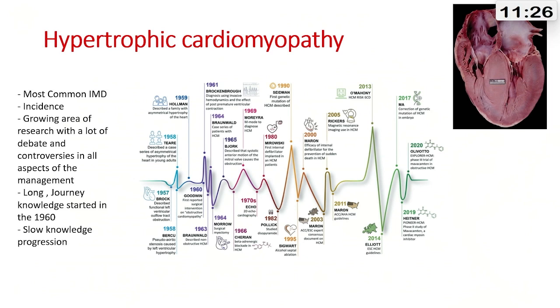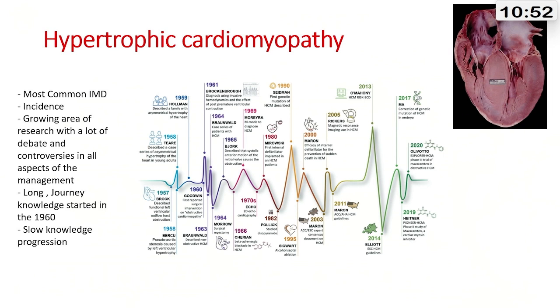We have a long journey of advances, starting in 1960 with the description of the first case of hypertrophic cardiomyopathy, passing through the first surgical intervention, myotomy by Morrow in 1964, then 1995 with the introduction of alcohol septal ablation, and ending with 4 to 5 guidelines over the last 20 years.